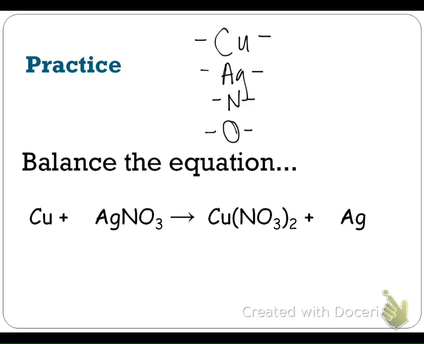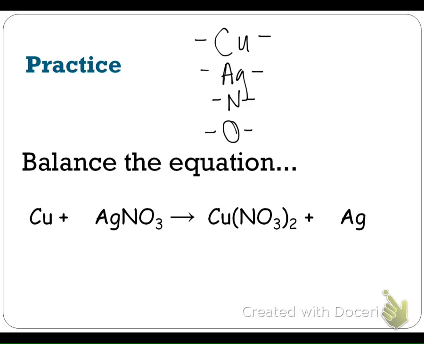Okay, so before I start manipulating anything, I go through and count how many there are of each element on each side of the equation. All right, so let's get the equation copied down, get your list made, and we'll start counting atoms.